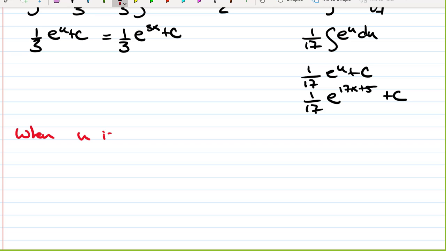When u is a linear function, we have the following.